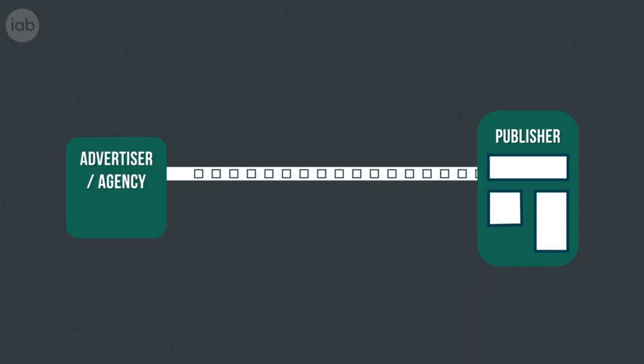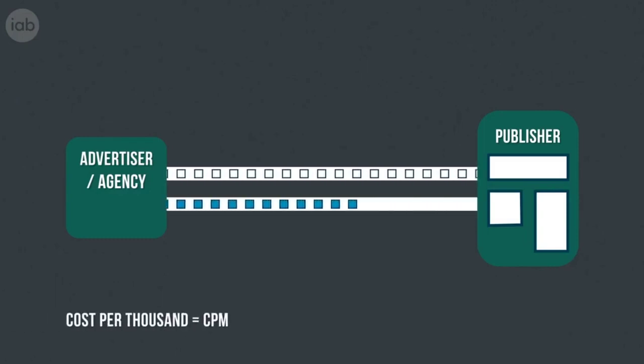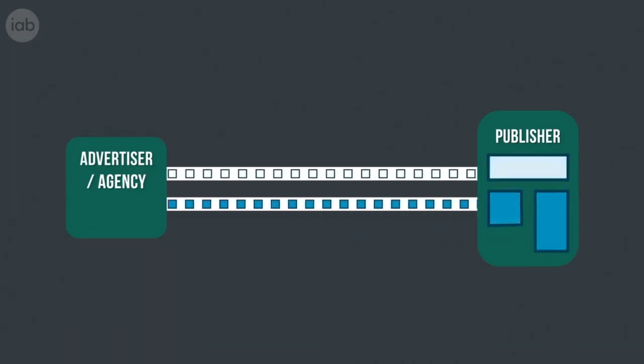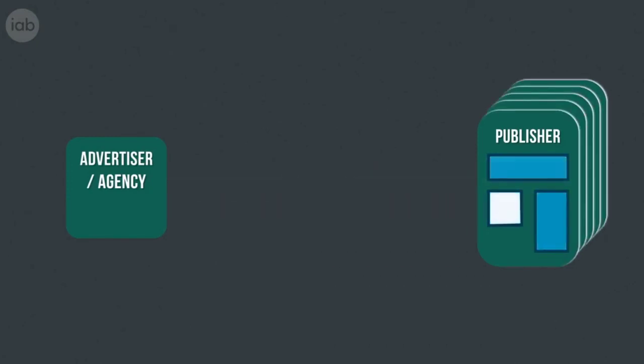The currency which was created from this inventory was impressions. The advertiser, or agency, bought impressions in the thousands. They then created the ads and filled the space. As time went on, publishers began to create thousands of web pages, which led to millions and billions of unsold inventory. This gave rise to a new set of companies called the ad network.